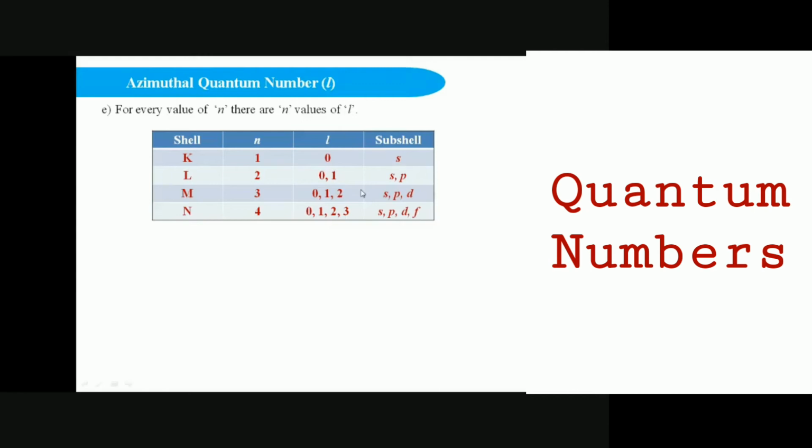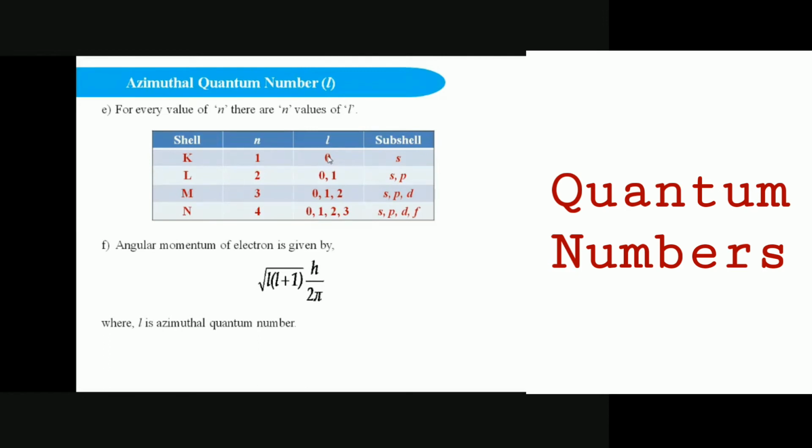So do not relate this 0 with the absence of a subshell. It is one subshell with the orientation of 0, that is 360, meaning it has a complete orientation. That's why it is represented by S. Then the next information we can have is that we can determine angular momentum by using the azimuthal quantum number by using this formula: under root of L into (L plus 1) into h by 2 pi, where L is the azimuthal quantum number.